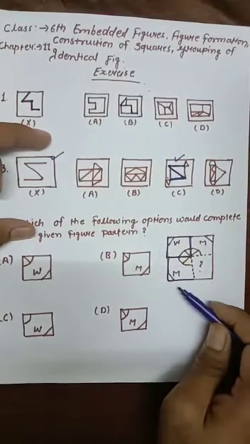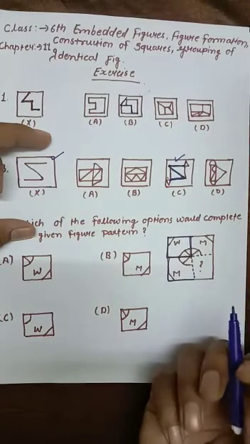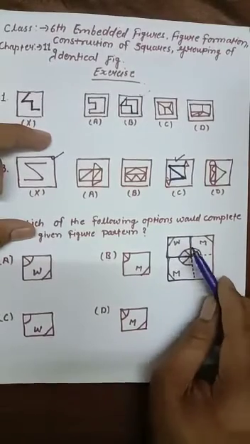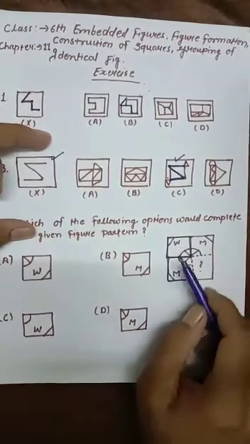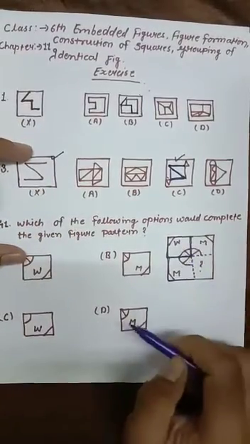We have discussed earlier in the previous chapter what is water image and what is mirror image. So we can say that this part is the water image of this part. You can see that straight away.